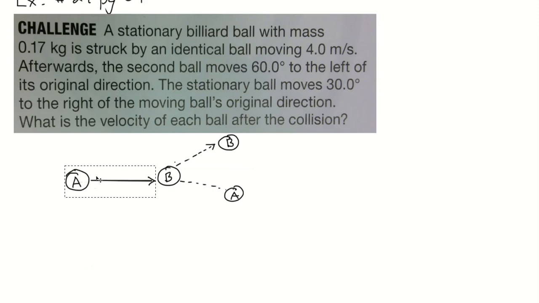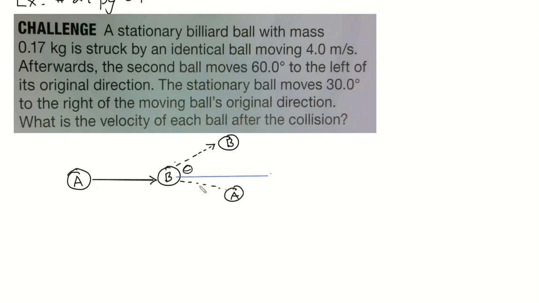Okay, now, as I'm looking at this, here's what happens, and I'm going to sketch out a nice little plane here. So here is just a continuation. This is like my x-axis that we're imagining. What's this angle? Ball B, the second ball, it went left. At what angle? 60 degrees. Now, how would you label this?